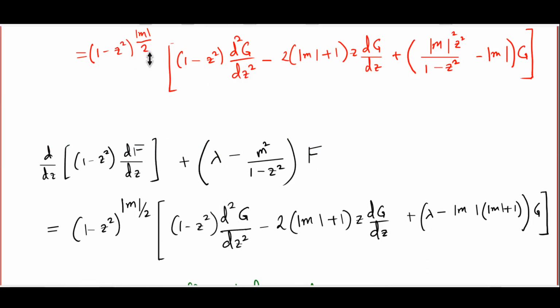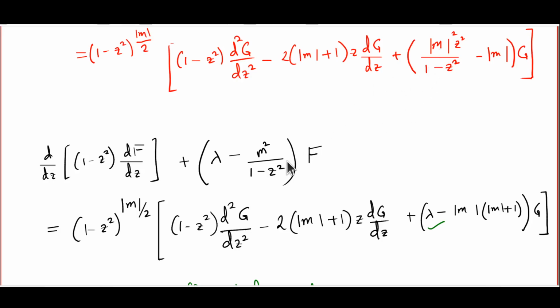1 minus z squared to the mod m by 2, you have taken common. This is the whole factor that you get from this piece. To this you have to add lambda, which of course is here. And the only other tricky thing is you have to take this piece and add them together. Notice that mod m square and m square are just the same.